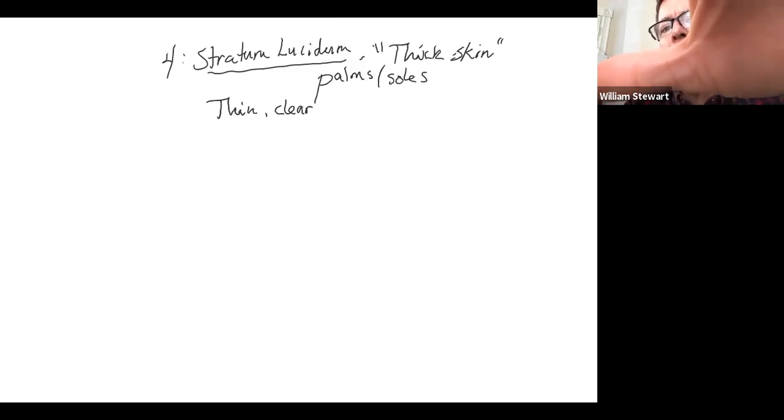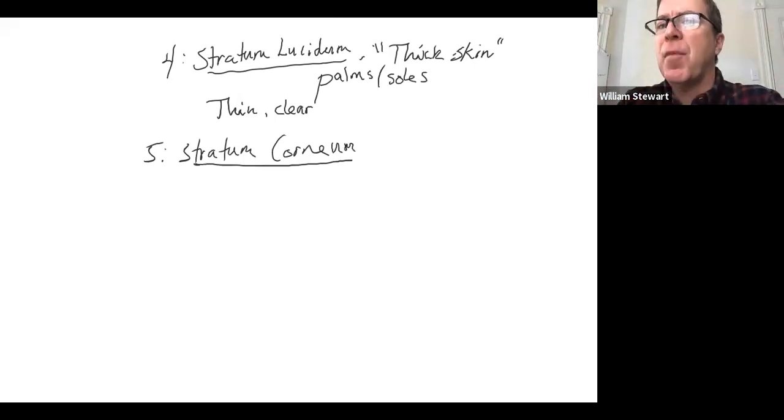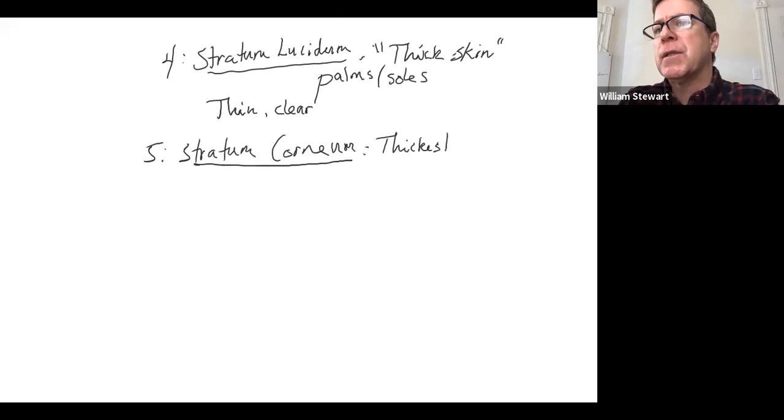So layer number 5, the final top layer, is called the stratum corneum. This is the thickest layer of the epidermis, not the thickest layer of the skin, just of those 5 layers of the epidermis.